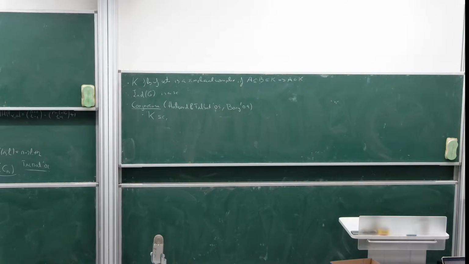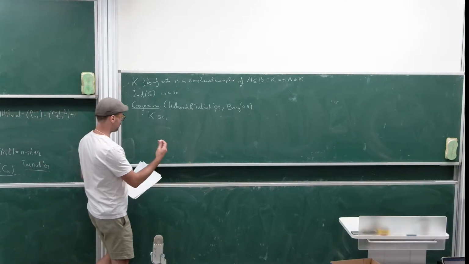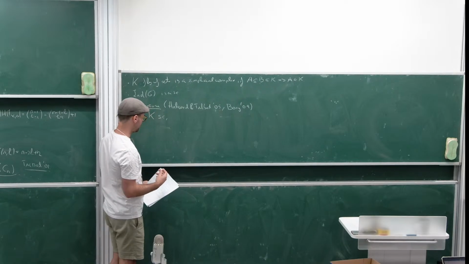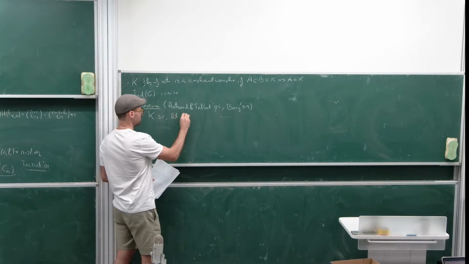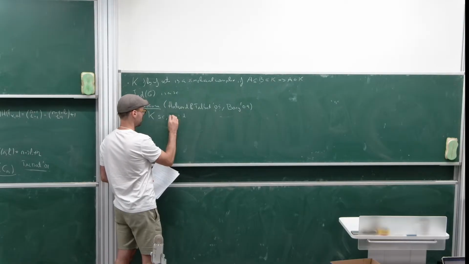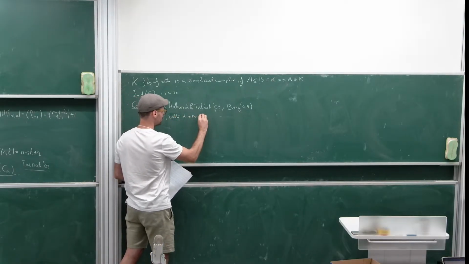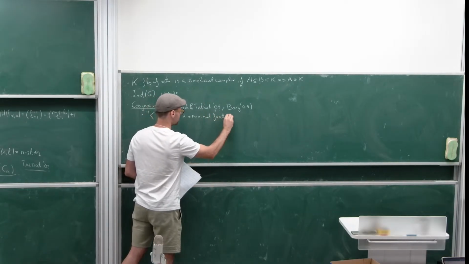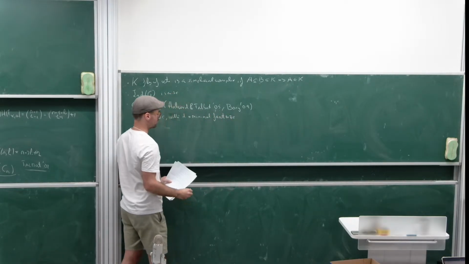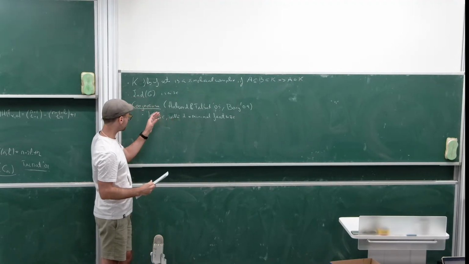The number of vertices will not work, and so the quantity that plays the role of n here is the minimal facet size. So what do I mean by minimal facet size?